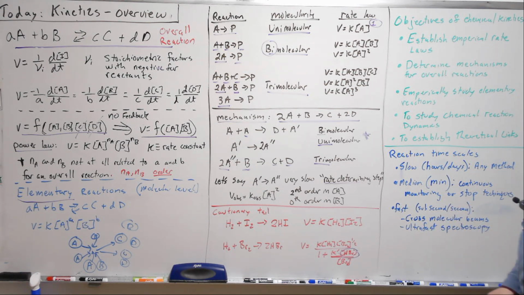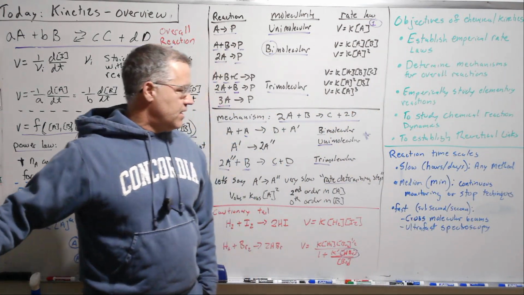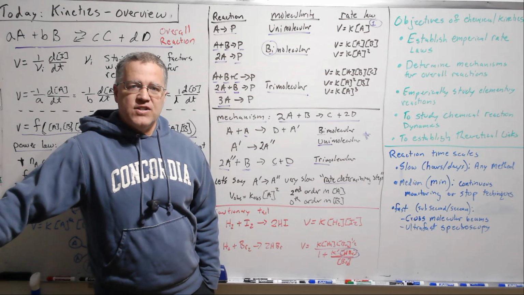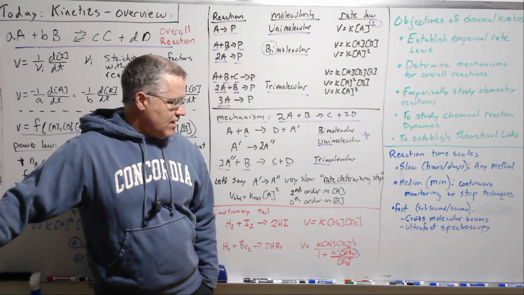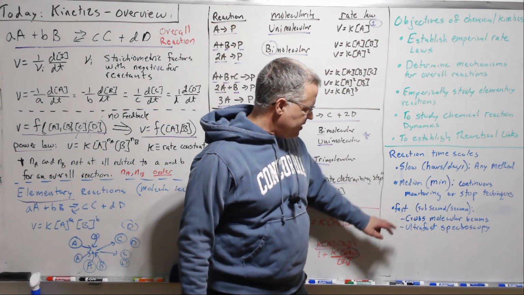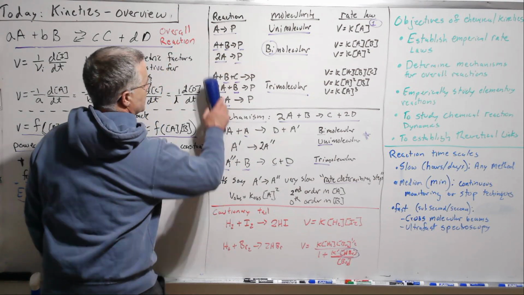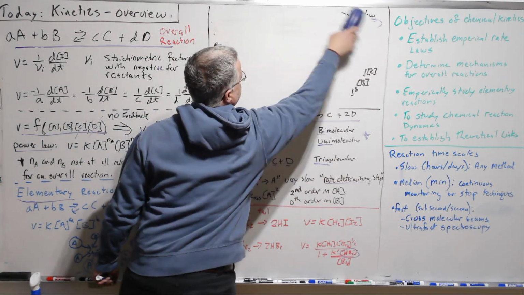And finally, you come to these really fast reactions, seconds or subseconds. Then we have a problem because the reaction is over before it finishes mixing. So we have a mixing problem and we have a monitoring problem. And there's two things we can do here. On the mixing side of things, we can create what's called a cross-molecular beam. And so let me just sketch a picture of this.